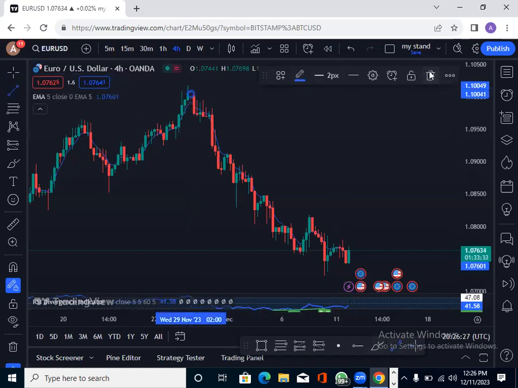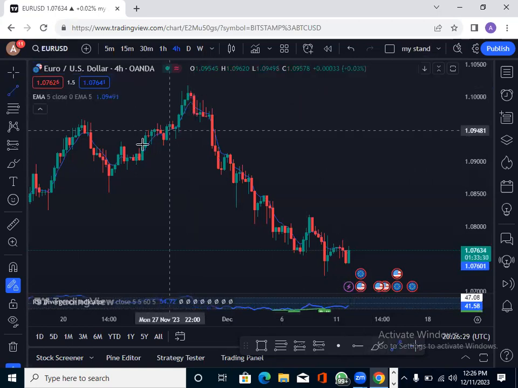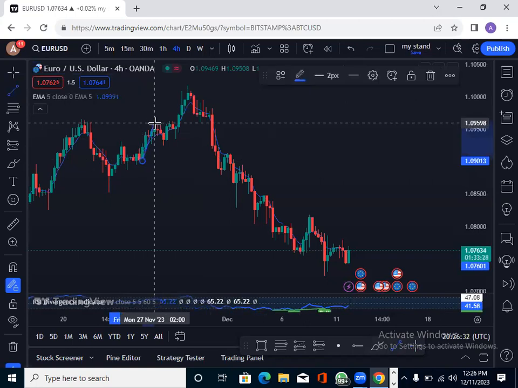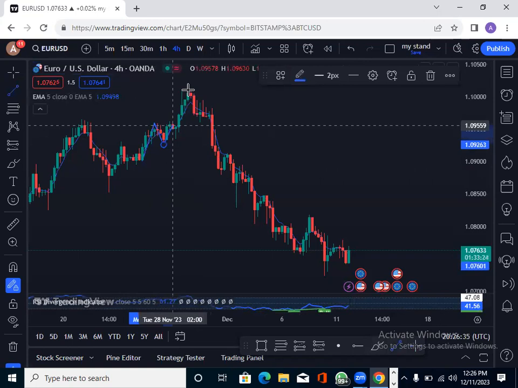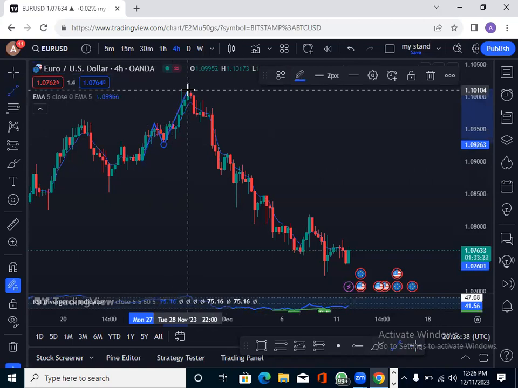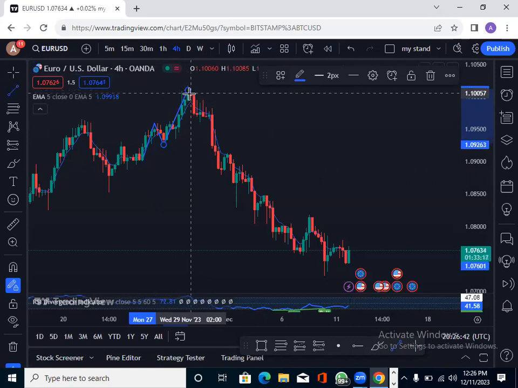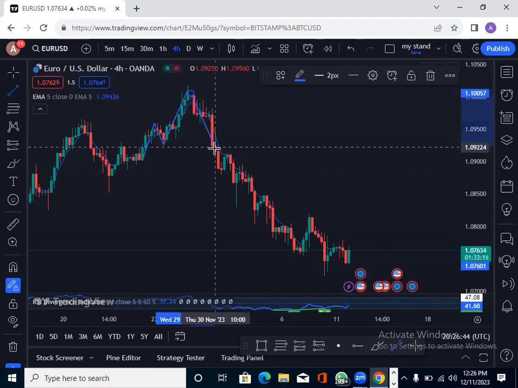First of all, the market was going up, higher high, lower high, higher high again, and as it got to this point, the market came down all the way to this point.